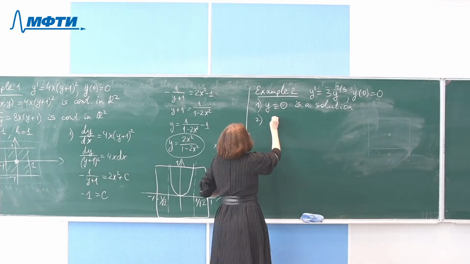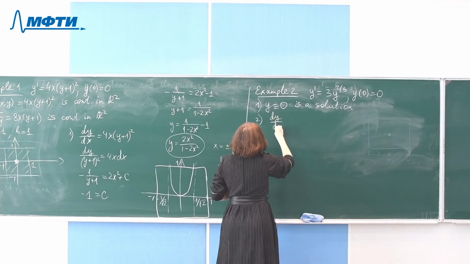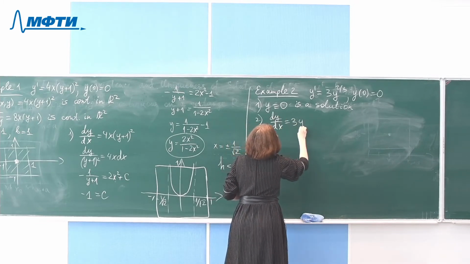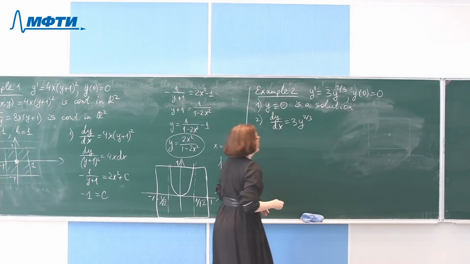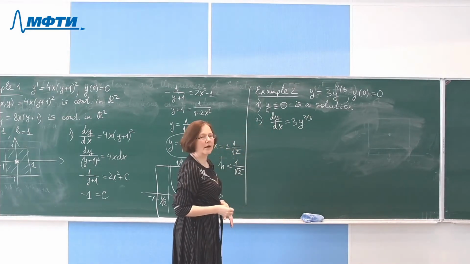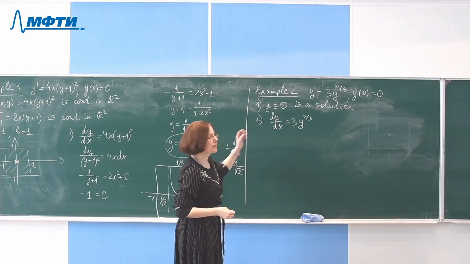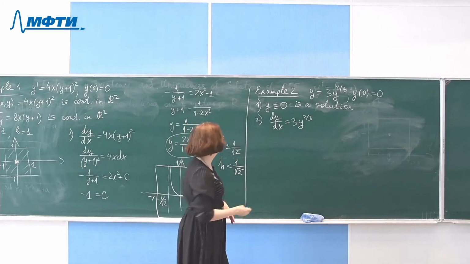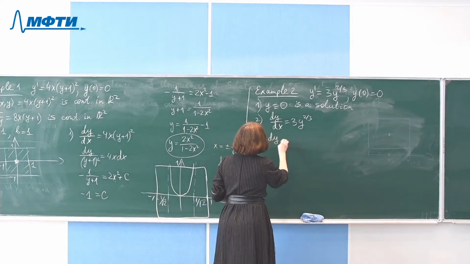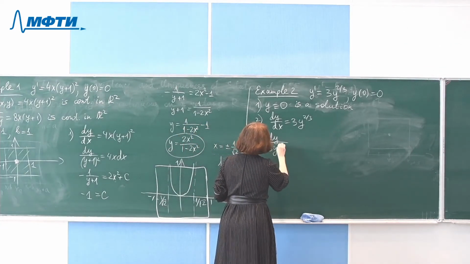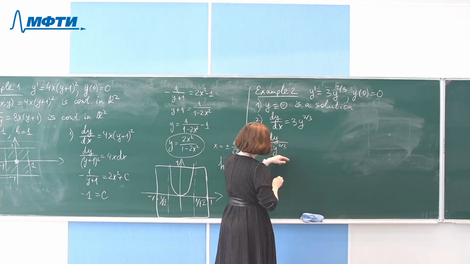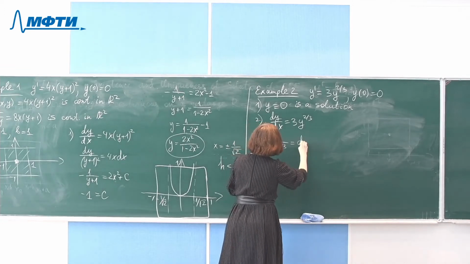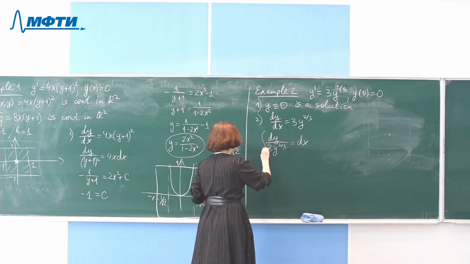Well, dy over dx equals 3y to the power 2/3. We can solve this equation by separating variables. It will be dy over 3y to the power 2/3 equals dx, and then integrate both parts.